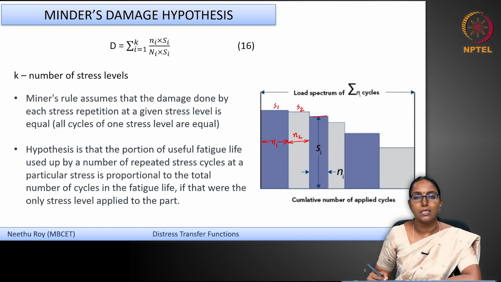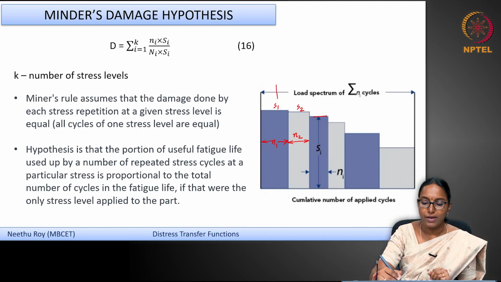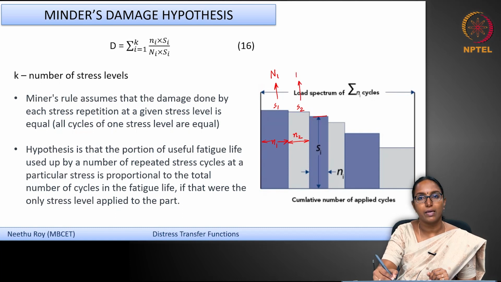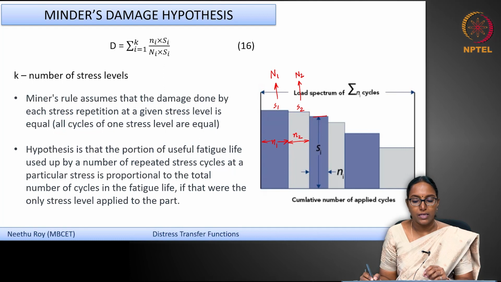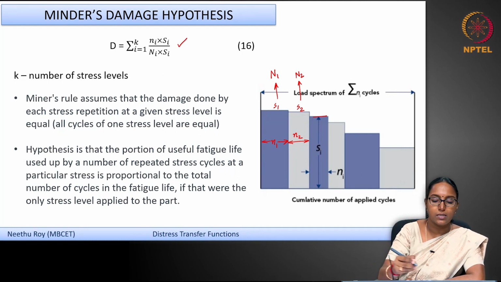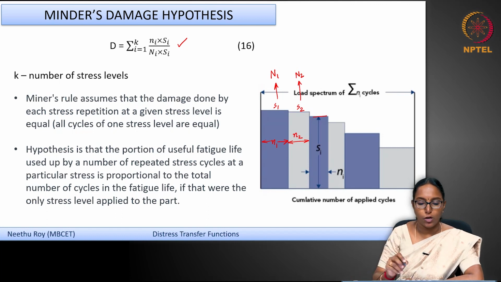For each stress level you should know the total number of applications of that alone which can lead to failure: for S1 it can be capital N1, for S2 capital N2, and so on. Then the total damage accumulated, if different stresses were applied, can be written as D = sigma i = 1 to k of n_i / N_i. I hope the concept is clear.